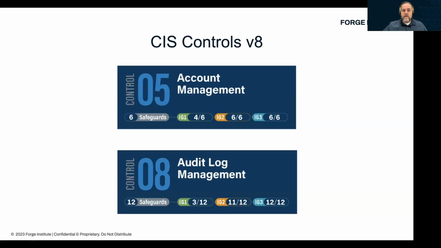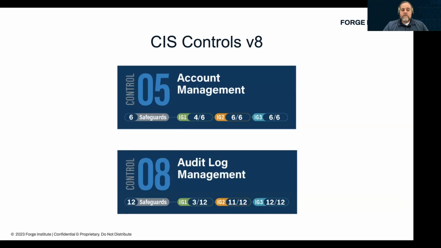But let's talk a little bit about what these controls look like from an organizational standpoint. We have the 18 controls, which I would say are more control families. Inside those controls, we have safeguards, which is what I would consider the actual controls themselves. With that, you see here IG1, IG2, and IG3.